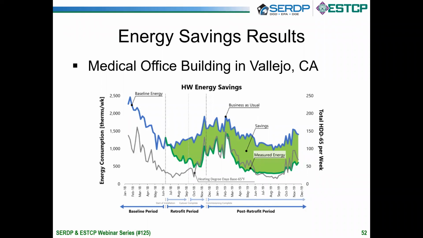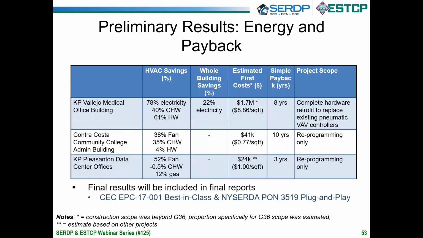So these three charts I've shown you show us avoided energy use over time, but they're not good for telling us the annualized total energy savings. For that, I'm going to point you towards this table that summarizes the project I just mentioned.